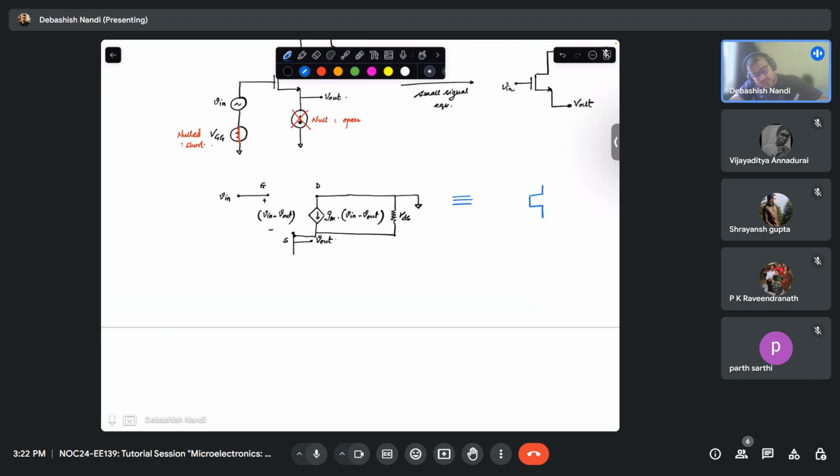We'll keep our symbols the same and just assume that this is my V in, this will be grounded, and there is an RDS connected here, and we'll mark that this current will be gm times V in minus V out. Okay. So this is a simplified symbolic representation of the small signal circuit. So this and this are equivalent.